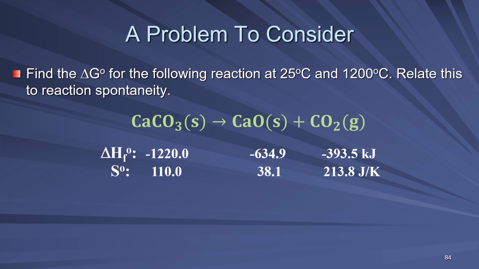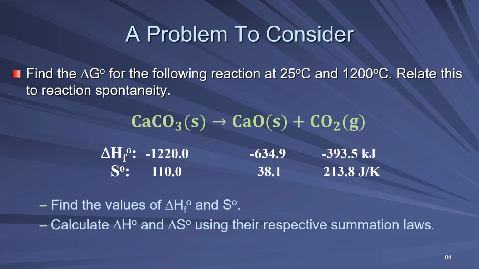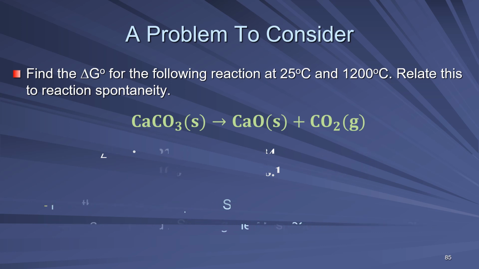So you take the products times their coefficients minus the reactants times their coefficients, and then you can see the S values that I looked up in appendix G. And again, I find delta S, calculating using the summation line.